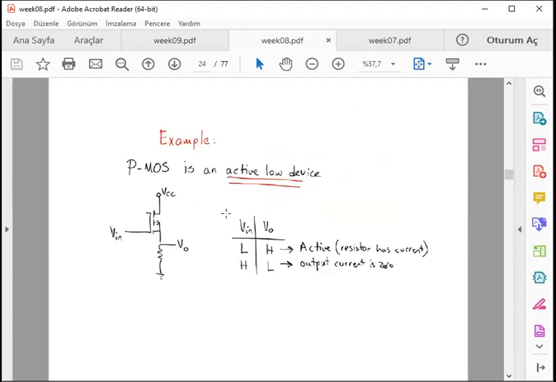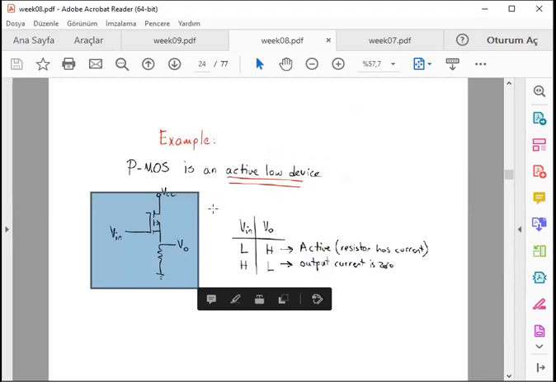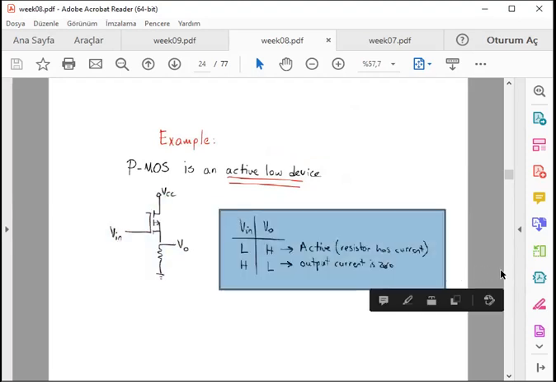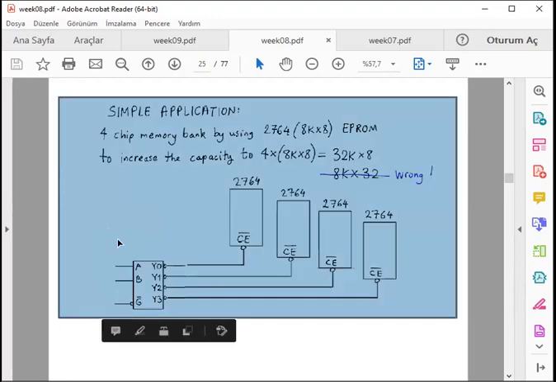I'm skipping that step because active low devices have been taught elsewhere. Actually, this is the logic circuit: the circuit diagram, logic functional truth table of an active low device, and the connection.